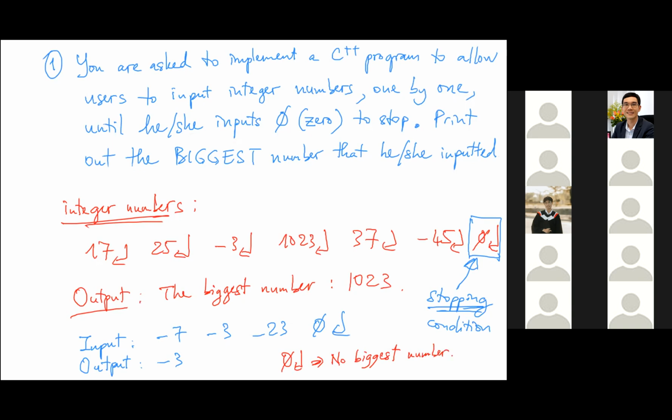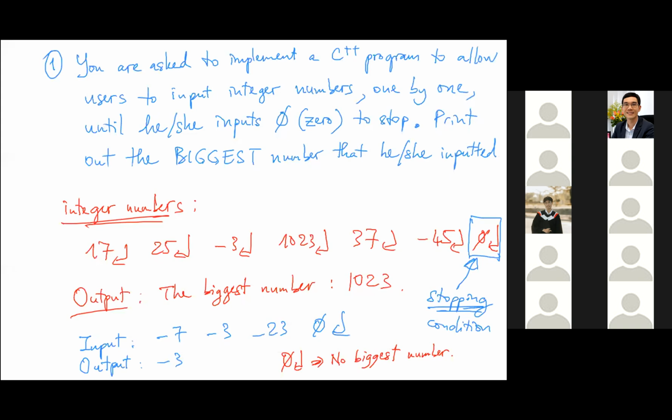Okay, 10 minutes maximum for all of you to do it now. You can use any kind of loops you have learned: while loop, do while loop, or for loops. Any. Please remember to tick yes when you have done.